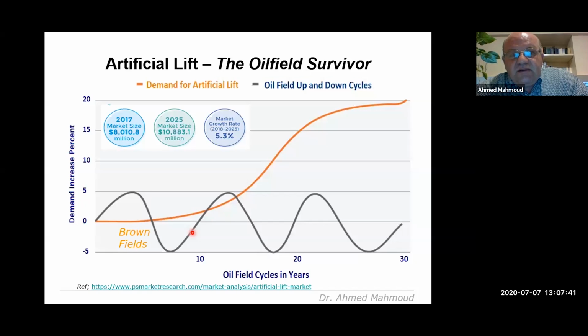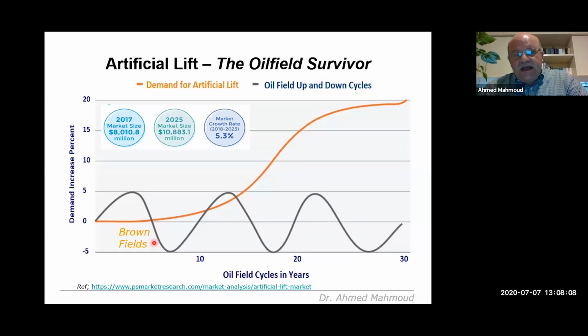So in order to be able to maintain the oil production, most operators or oil companies will automatically revert to the brownfields, or what we call the mature fields, the old wells that have been drilled so many years back at an optimum cost. And within these wells, they will apply artificial lift methods to be able to increase their production.